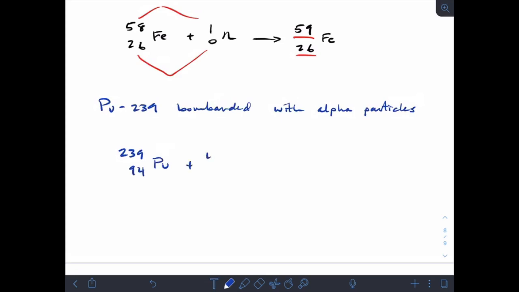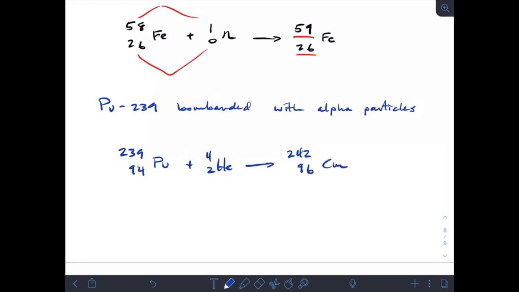And I'm going to hit it with a helium nucleus, an alpha particle. What I get is an element that I can't recall the name for, Cm, curium perhaps. I suppose before doing this video I should have looked these things up, but the names of the elements are not what I want you to focus on.